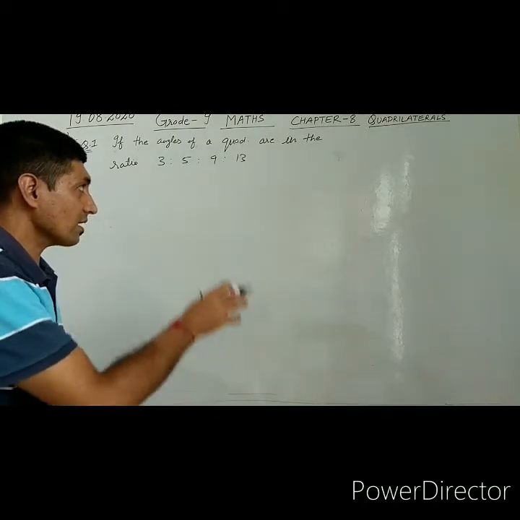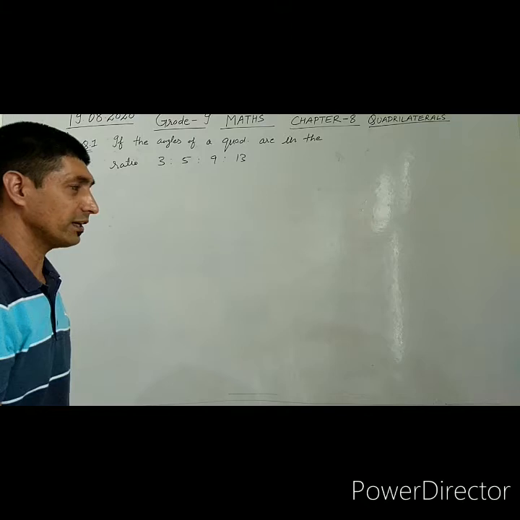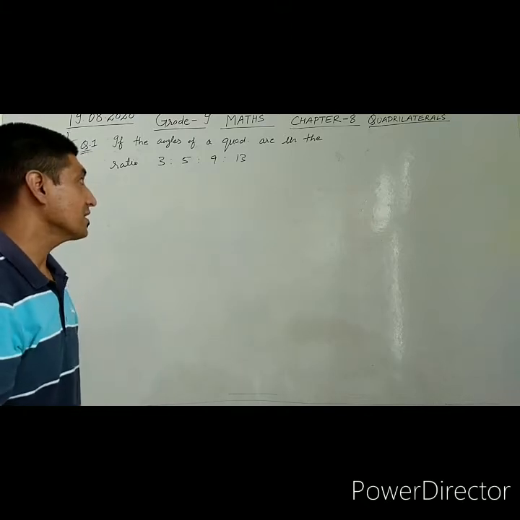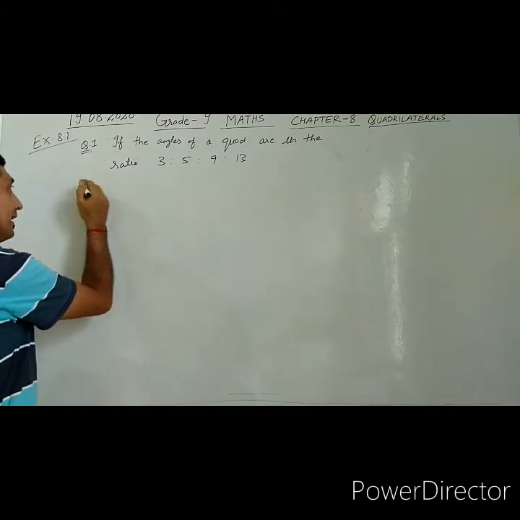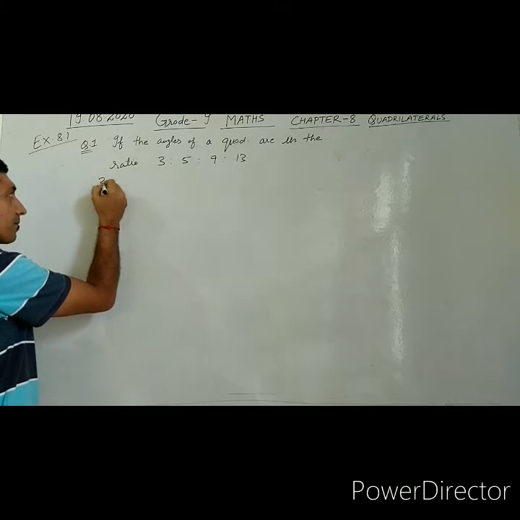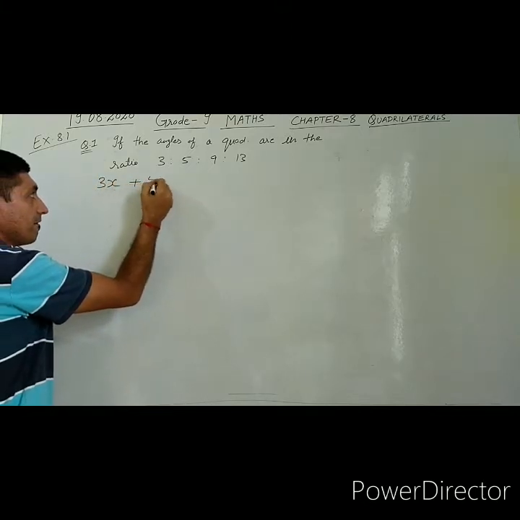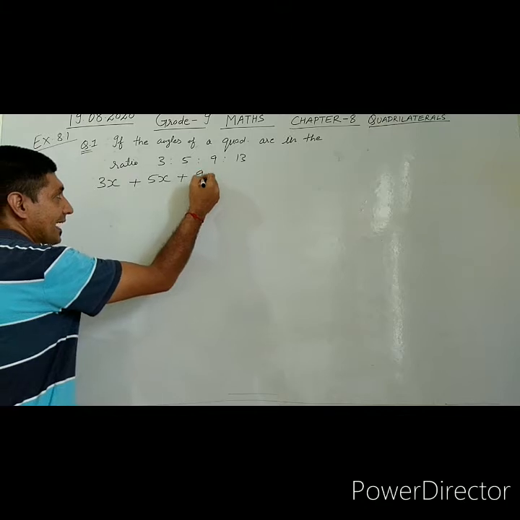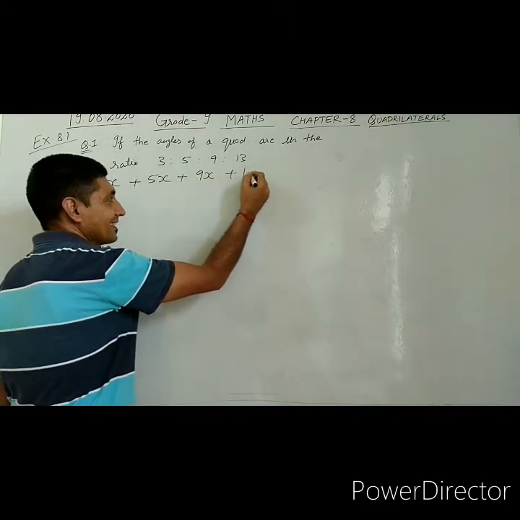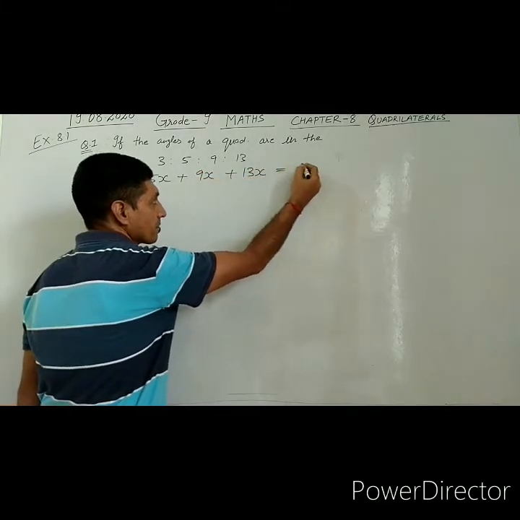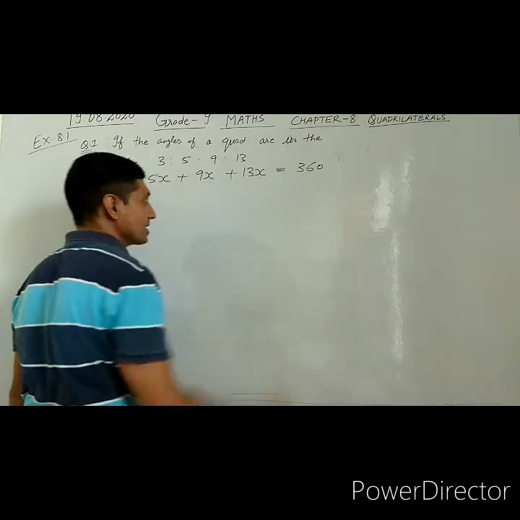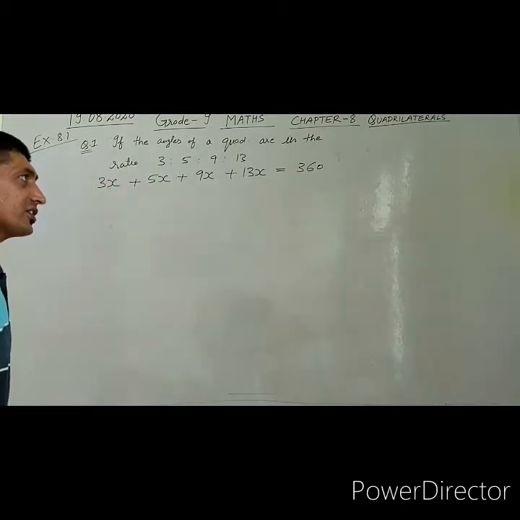So we know the sum of all 4 angles of a quadrilateral is always 360. So let the angles be 3x plus 5x plus 9x plus 13x. The sum of all these is 360.